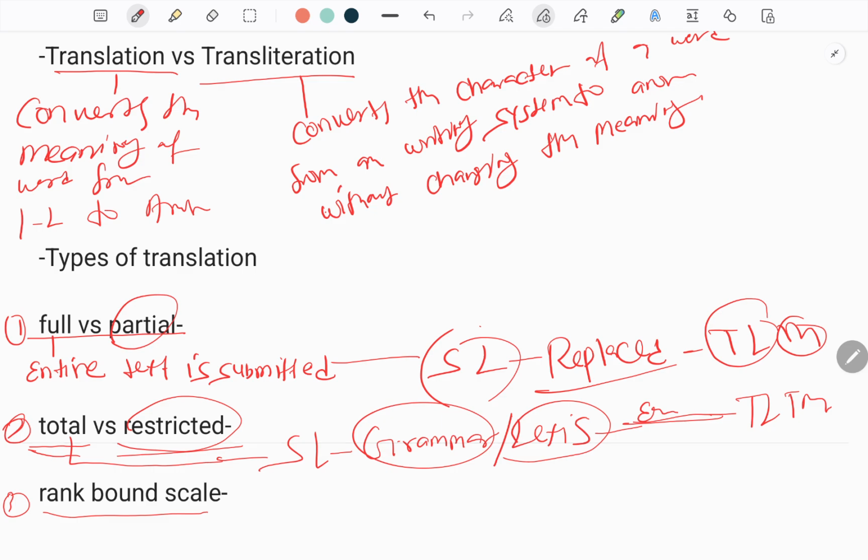Only one level is changed and another level stays the same. That comes under restricted translation.